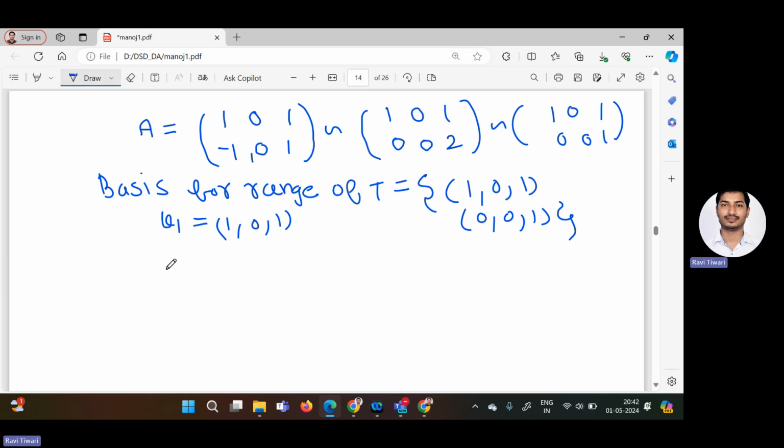So V1 is 1, 0, 1, which is equal to X1. Now, how will you calculate V2? V2 equals X2, the second vector, 0, 0, 1.